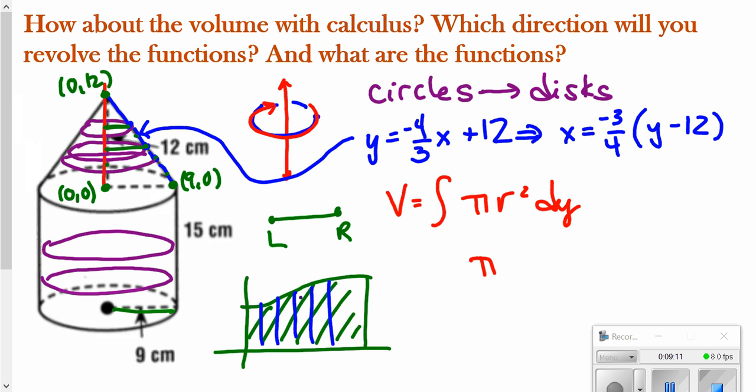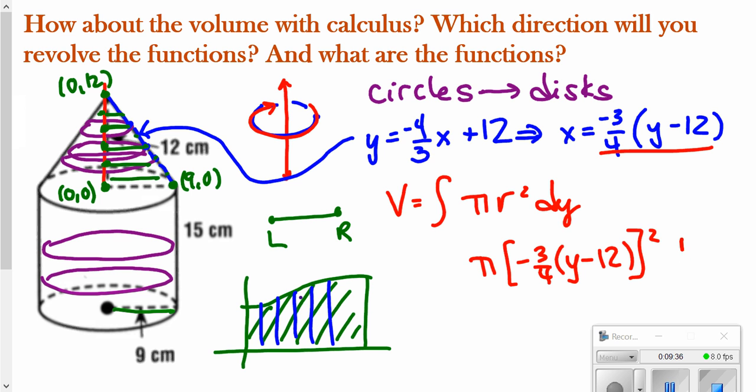All of these radii are different as you go through different parts of the cone, but they're all different based on where they are on this y-axis. So the y coordinate is determining that. And so I'm going to put my equation, this one, into my integral. Okay, and that's determining the radius. So that's the radius squared in terms of y.